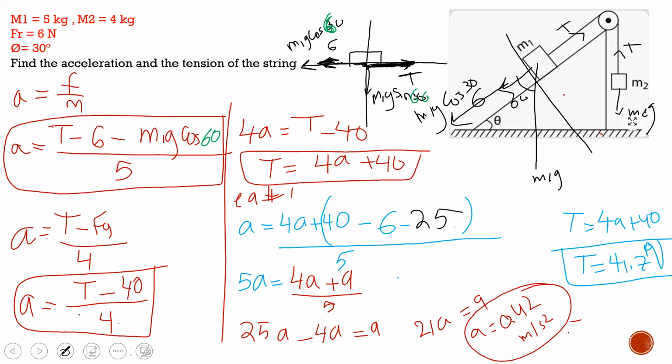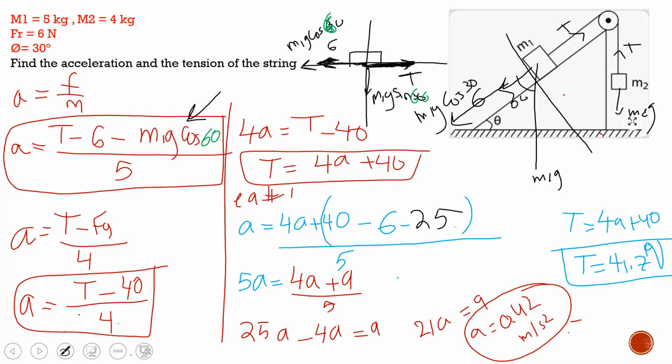Then I will replace this tension in equation number 1. So 4A plus 40 minus 6 minus 25 over 5. So 5A is 4A plus 9.